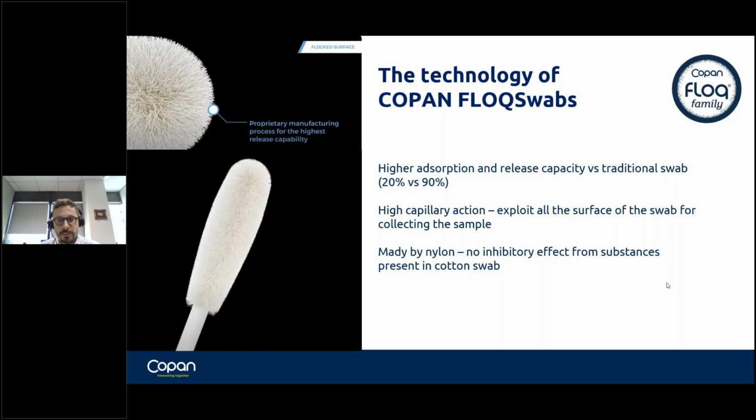Last but not least, it is made of nylon, so it's made of an artificial, synthetic fiber.